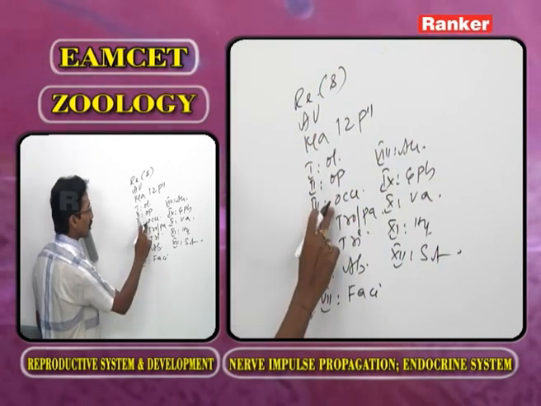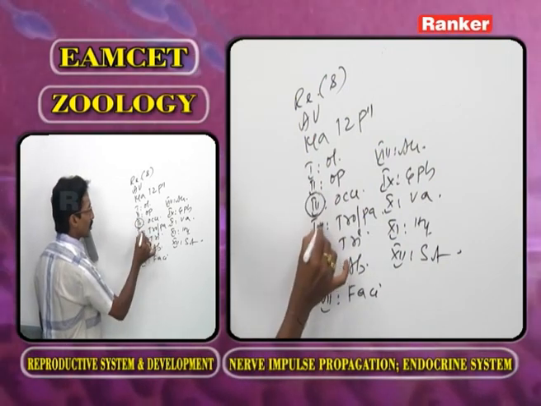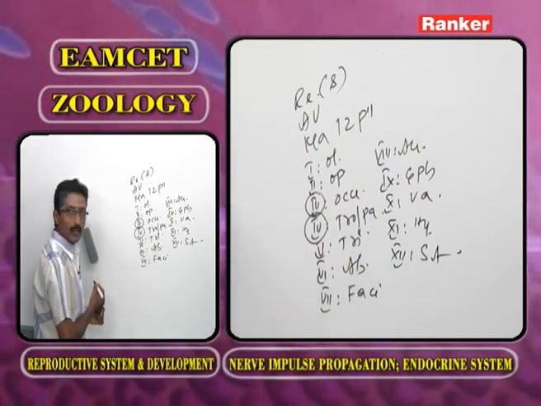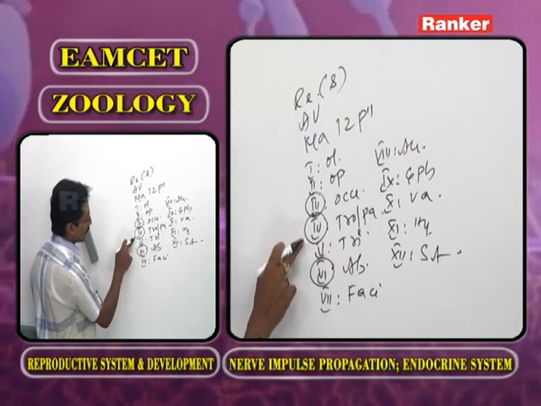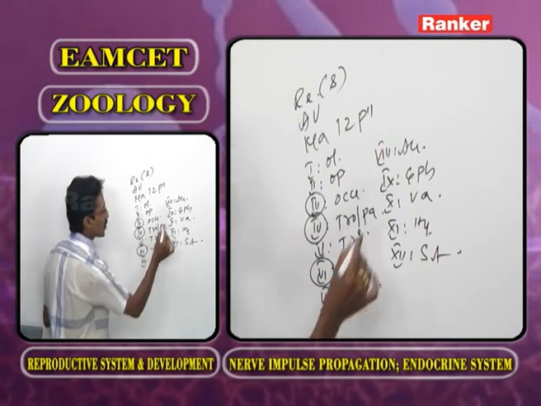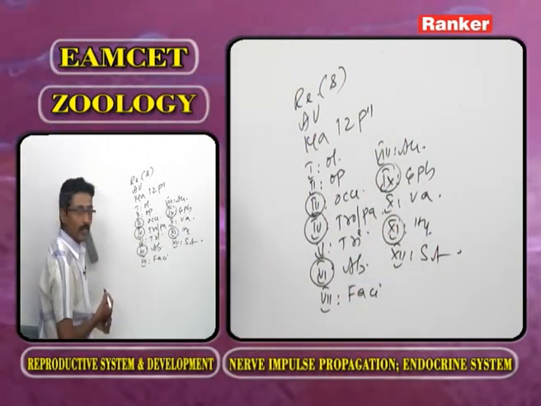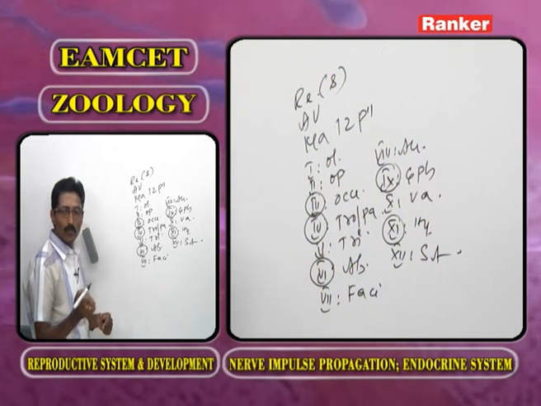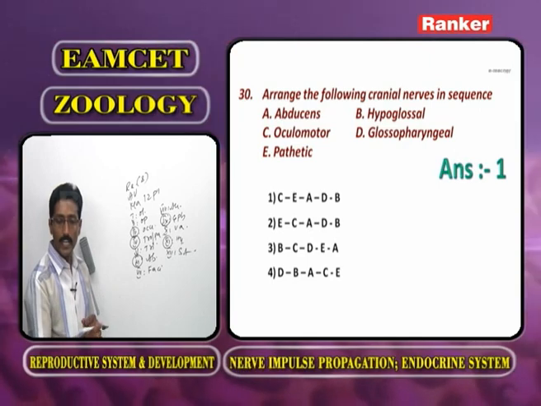So in order: oculomotor 3rd, trochlear 4th, abducens 6th, glossopharyngeal 9th, and hypoglossal 11th. Based on this, we have to arrange the cranial nerves in order.